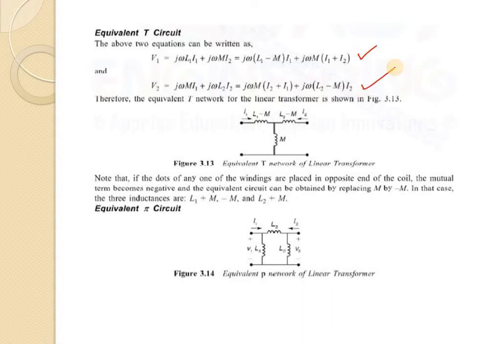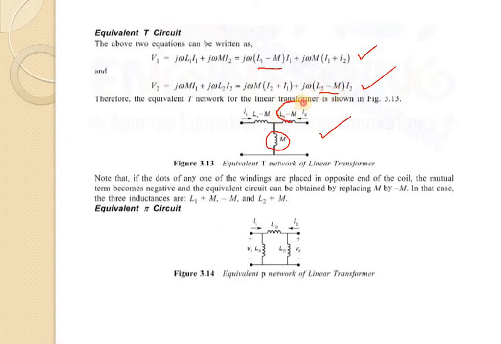Therefore, the equivalent T network of the linear transformer is shown here, where we have drawn the formation of T. This is the mutually coupled branch, which is related to both loops, this is the branch inductance connected with current I1, and this is the branch connected with current I2.